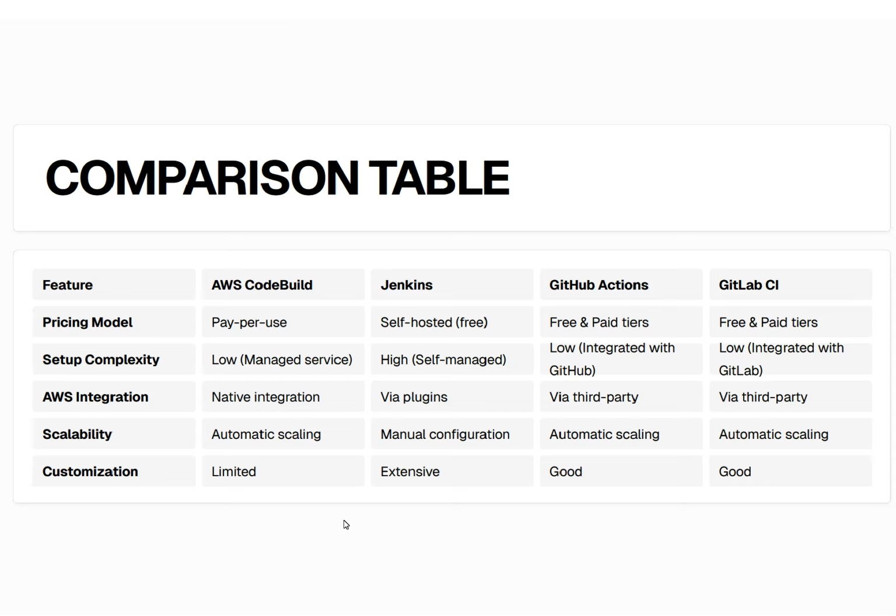The setup complexity is low because CodeBuild is a managed service, and Jenkins is high, self-managed. GitHub is low, integrated with GitHub, and the other one is also low complexity. AWS has native integration with the other AWS services.